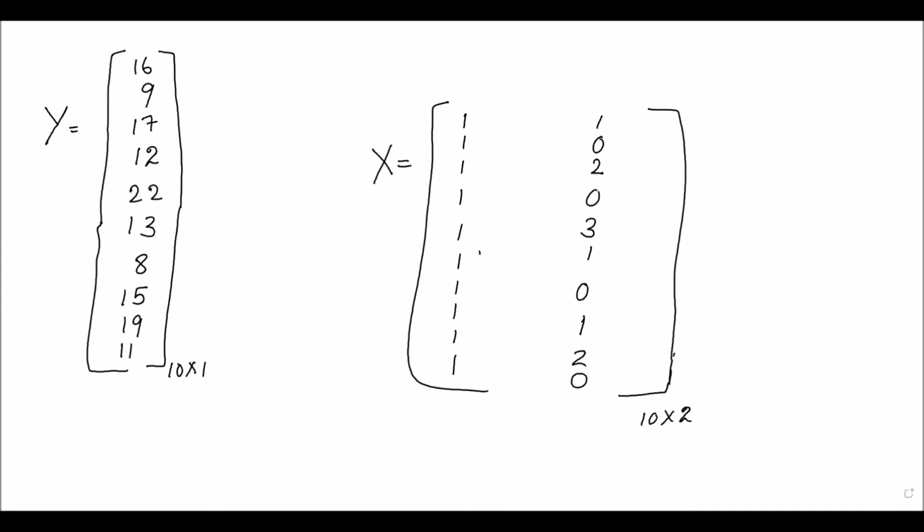Remember here, this one is corresponding to this one, right? This is corresponding to this one. True that there's no order here, but whichever order you are following here, it should be compatible with this.